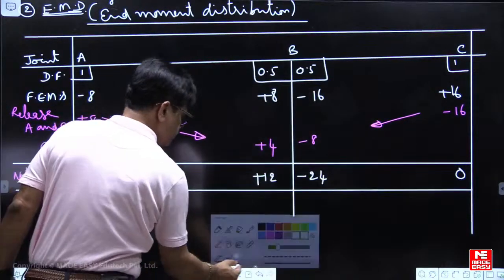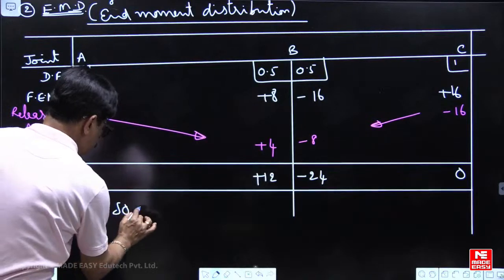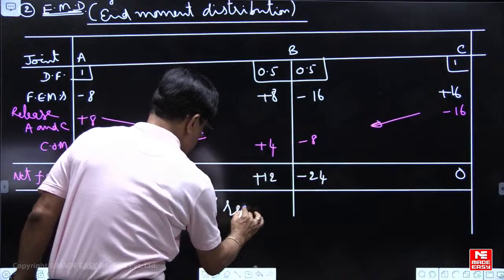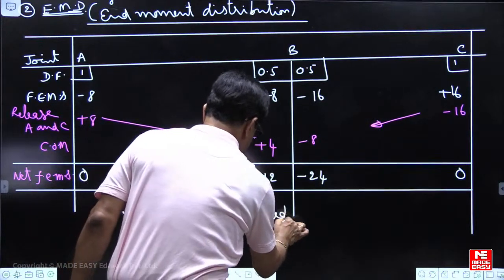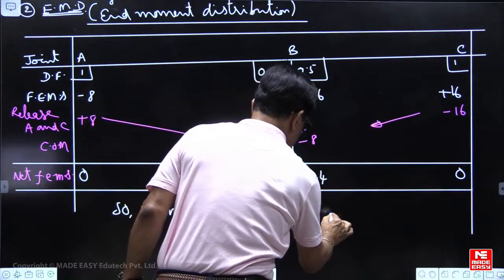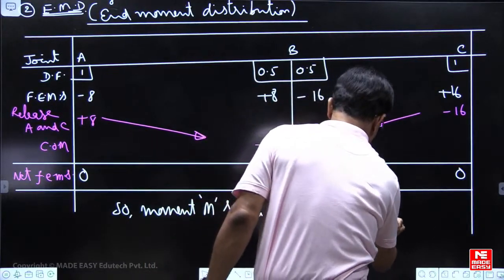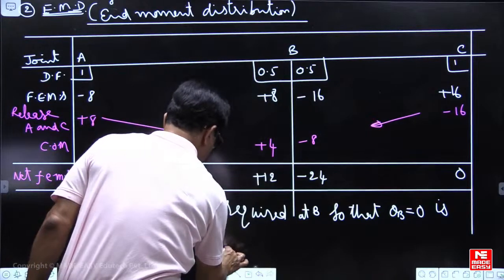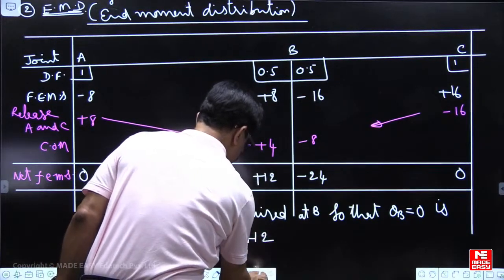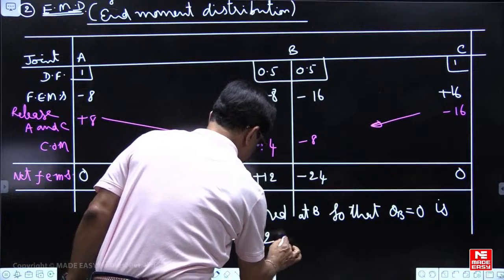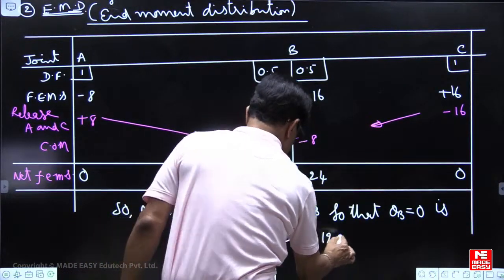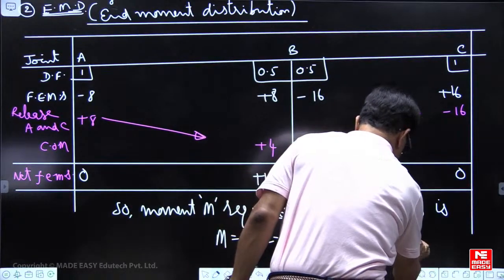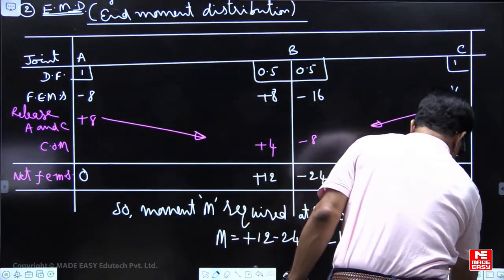So moment M required at B, so that slope is 0, is minus 12 kilonewton meter, or in other words 12 kilonewton meter anti-clockwise.